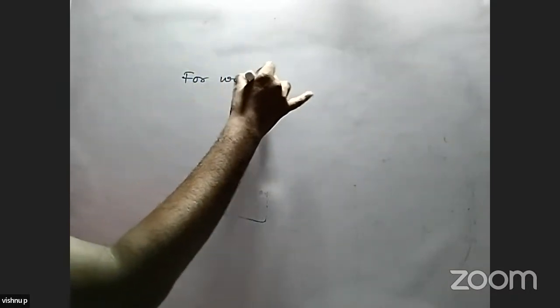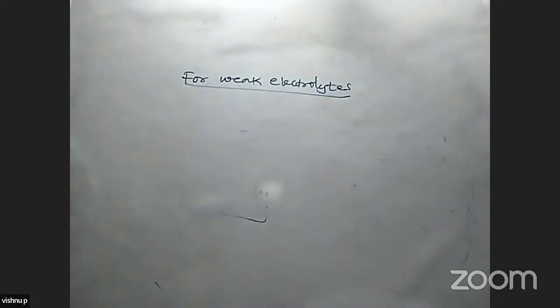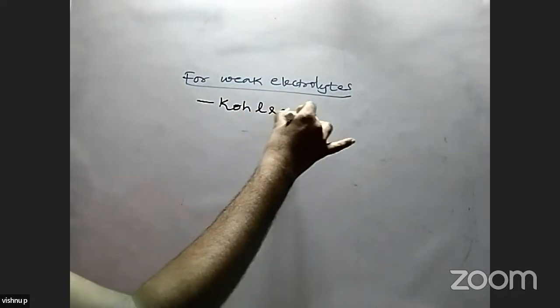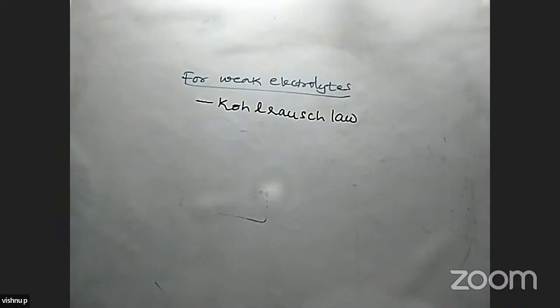And next, for weak electrolytes, how do we find out the conductivity? We use a law called the Kohlrausch law. Kohlrausch law is used to calculate the conductivity of a weak electrolyte at infinite dilution.